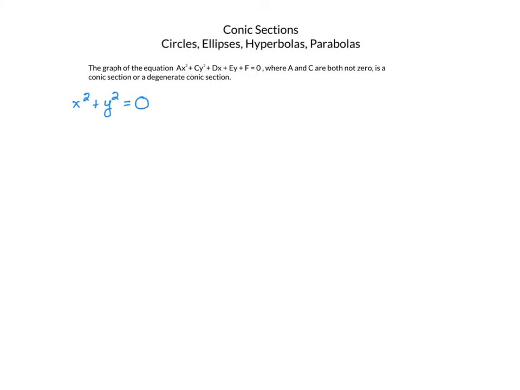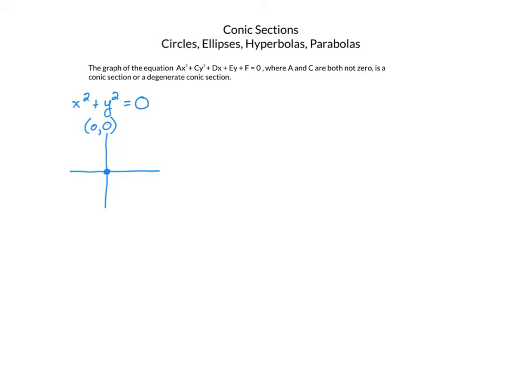But if you try to find solutions for this particular equation, you will find that 0, 0 works, and there are no other solutions to it. So the graph of this equation right here would be the single point at the origin.